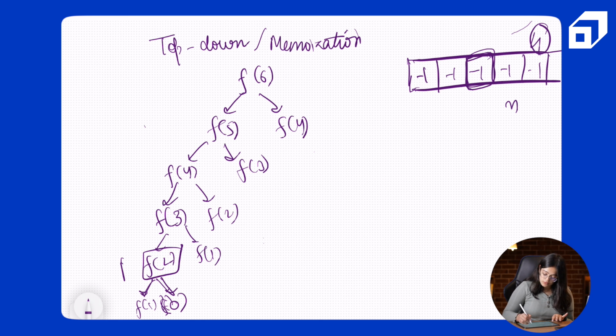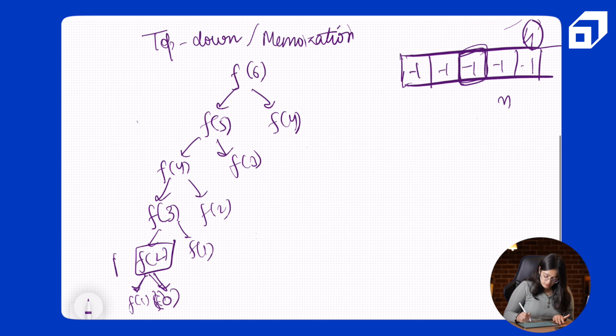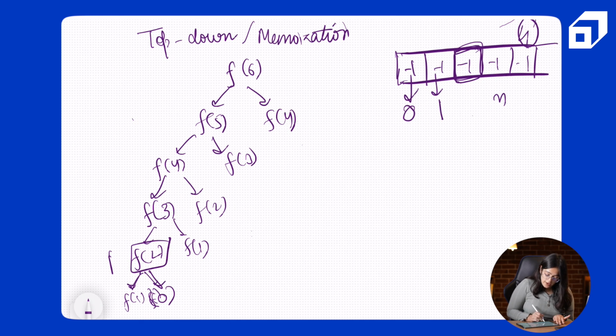Now for 0 and 1 we can already populate the base values. I'll update this to 0 and this to 1. Now f of 2 has been calculated, so I'll store the value 1 at index 2. This is already there, so this will return 1. f of 3 will be calculated as 1 plus 1, 2, and I'll store it here.